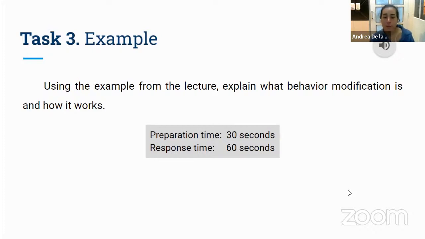Remember, you get 30 seconds to prepare, 60 to speak. What you do during those 30 seconds depends on what you need to do. As we said for task number 2, there are many strategies. You need to practice using many of them and see what works better for you. If you're struggling with the introduction, really prepare your intro.